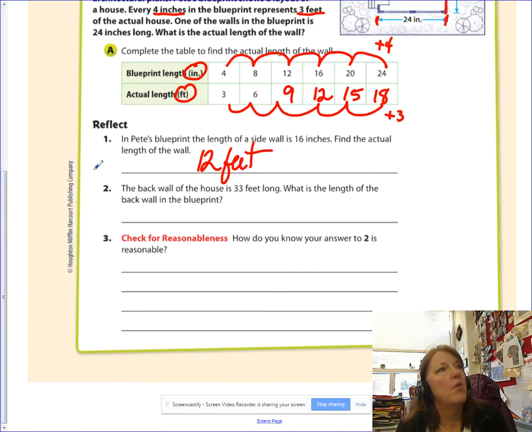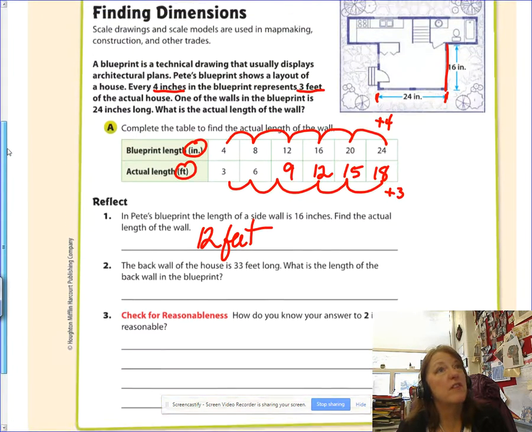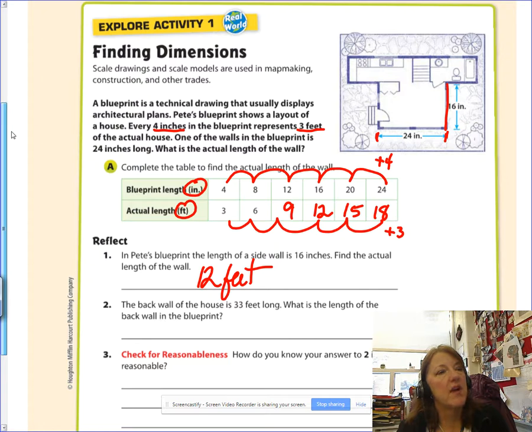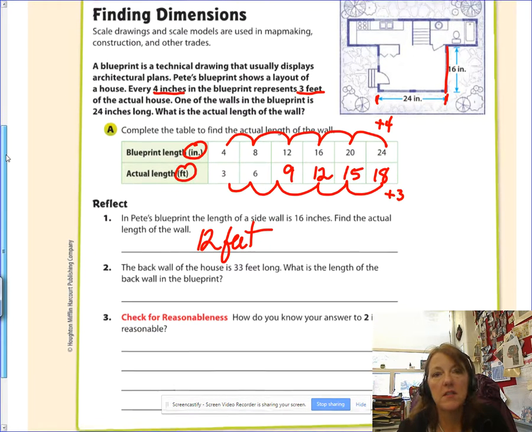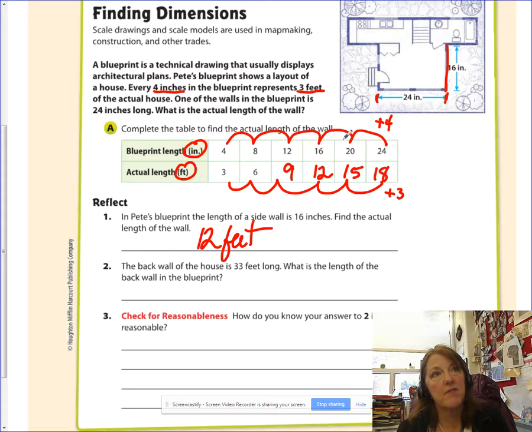The back wall is 33 feet long. What's the length of the back wall in the blueprint? Aha. Okay, my table doesn't go up that far because this is the feet. That's the bottom row. We have to figure out here, when is this equal to 33 feet? And figure out what is this value of my inches.